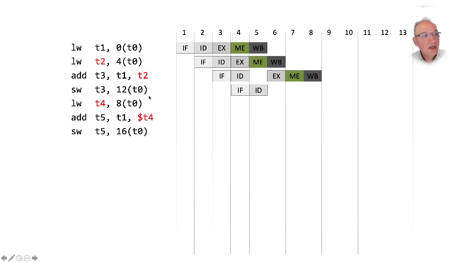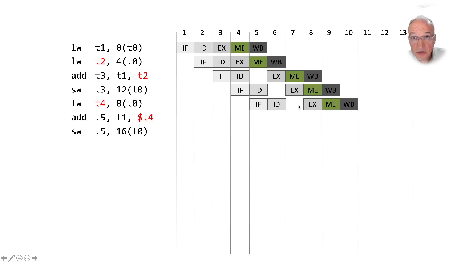Next, to execute the store instruction, I can do the fetch, I can do the decode, and the store instruction needs the value of T3 to store, which is not going to be available until the end of the stage at time 6. So the store also gets delayed by 1 cycle. Next, I need to do a load. And the reason the load has to skip this cycle here is because it is a structural hazard.